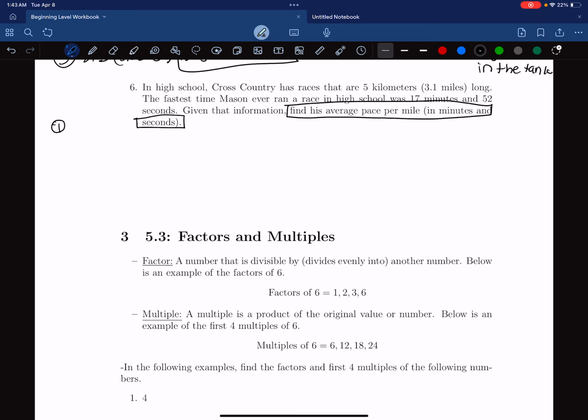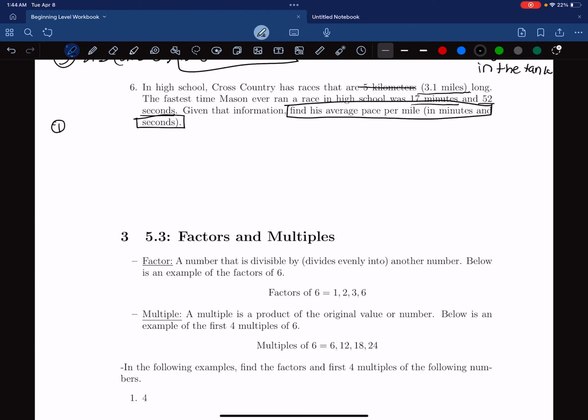And then let's underline some important information. So we want to know the average pace per mile. So this 5 kilometers we don't really need. What we need is that 3.1 miles. And we also need that the fastest time was 17 minutes and 52 seconds.